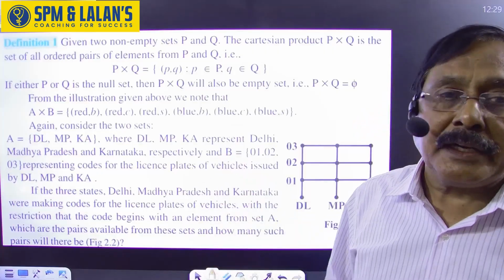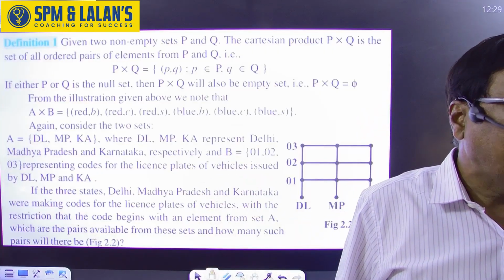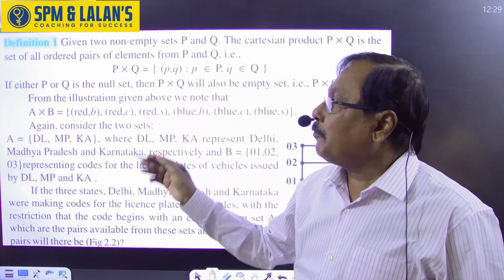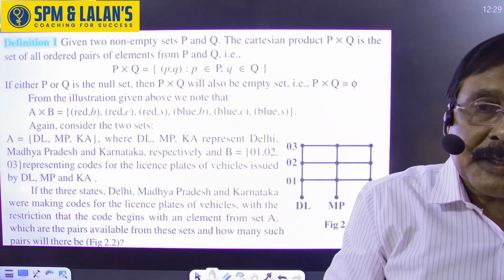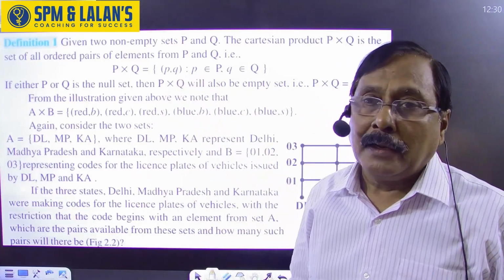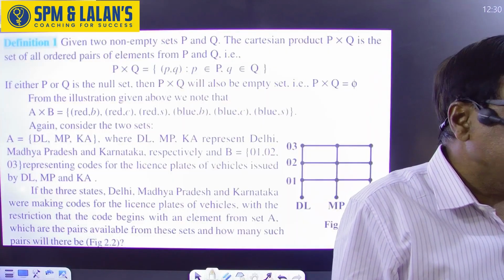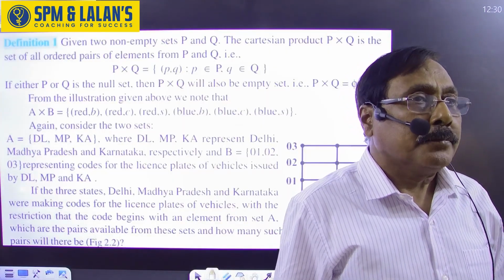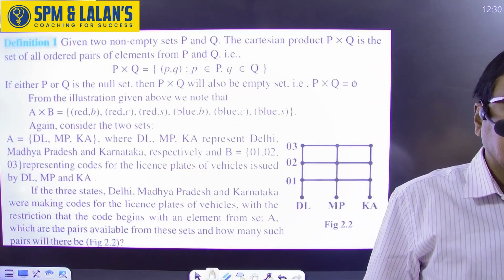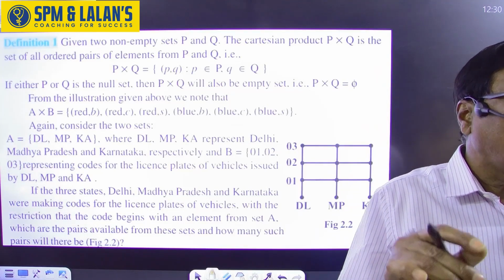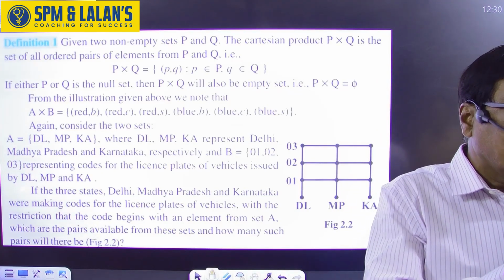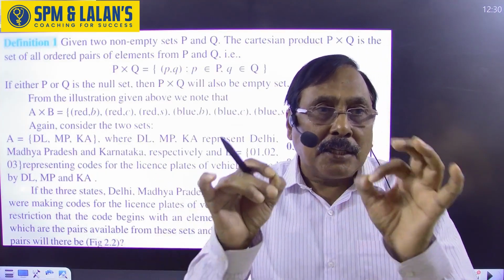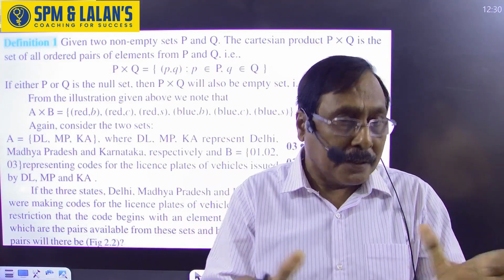Any relation contains two parts: the domain, meaning the first element of the ordered pair, and the codomain, which is the second element. So any relation involves two important things, the Cartesian product and the ordered pair. These are the two basic terms that you have to understand.